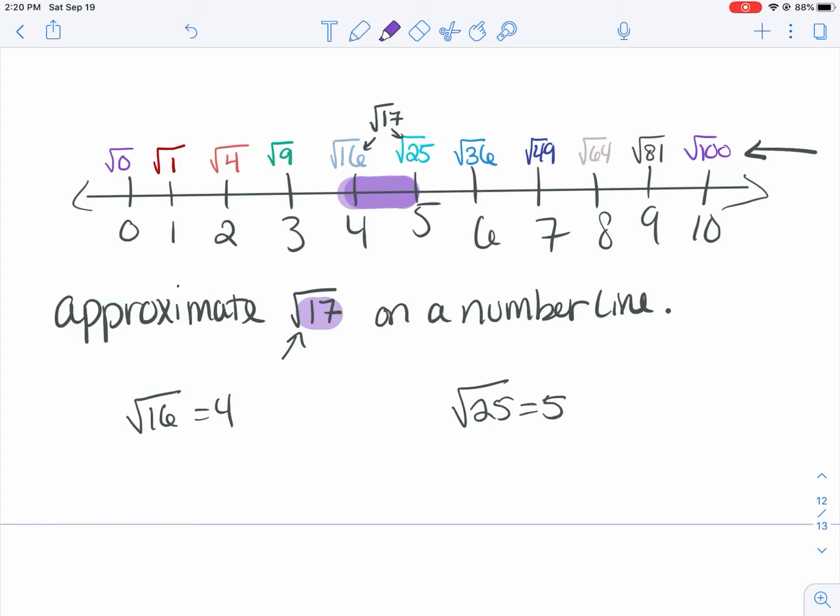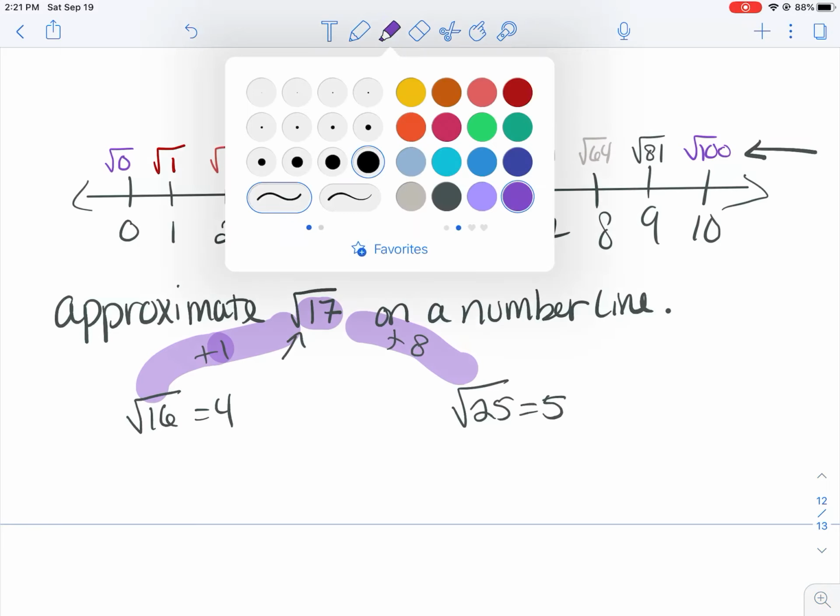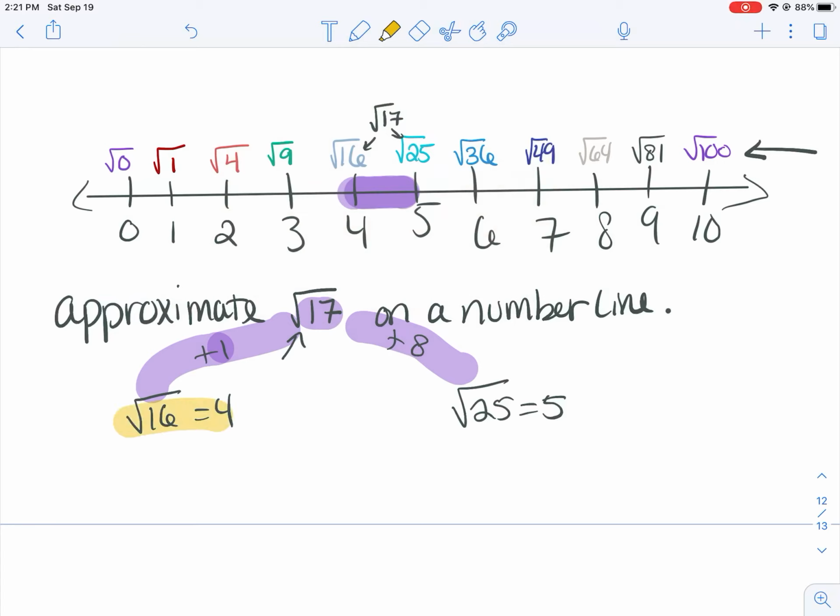Now we're estimating, and we want to be as accurate as we can, so let's think about how close 17 is to the two other values under the radical. Well, 17 is only one number away from 16, and 17 is 8 values away from 25. So if we're wondering what it's closer to, the answer is obviously that it's closer to the square root of 16.